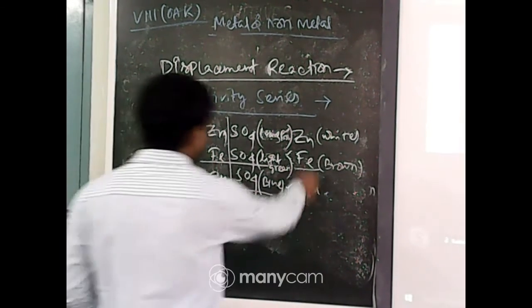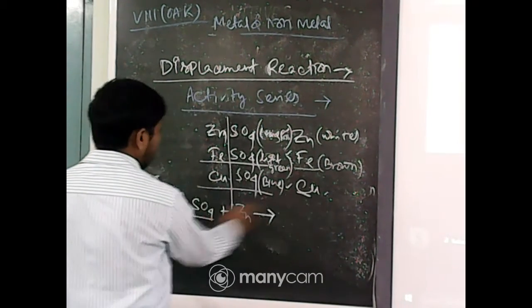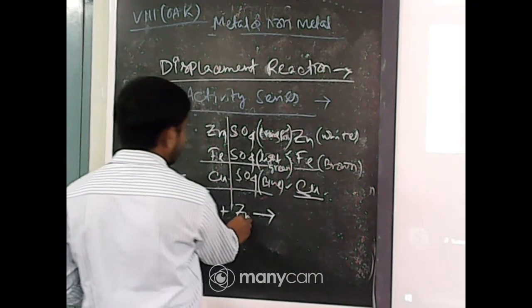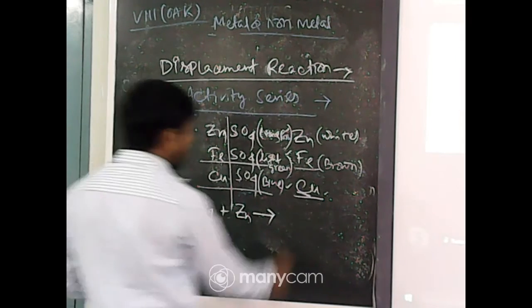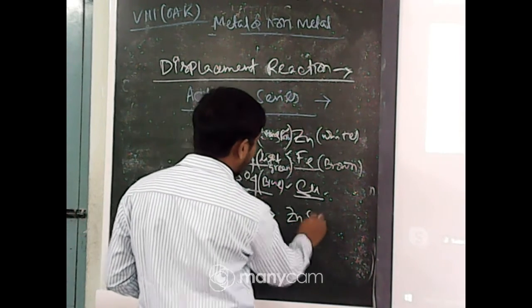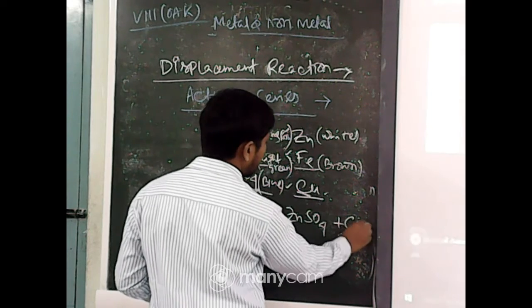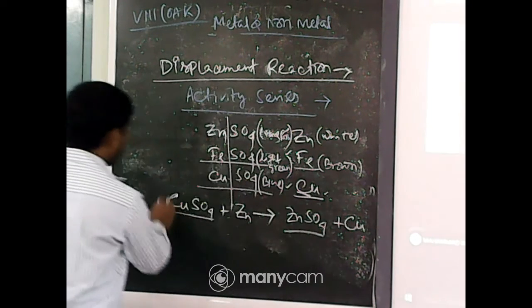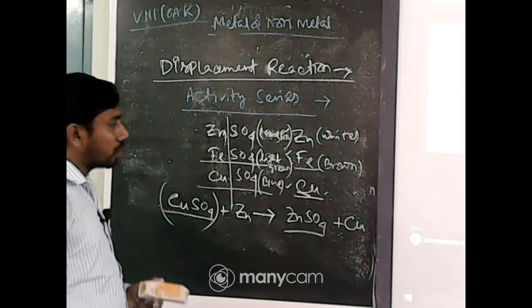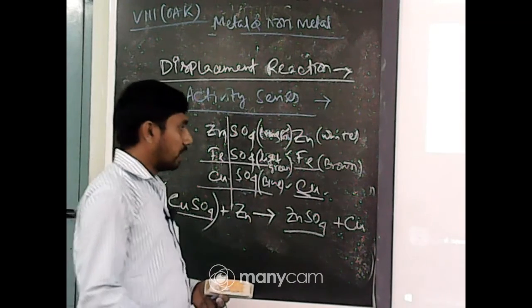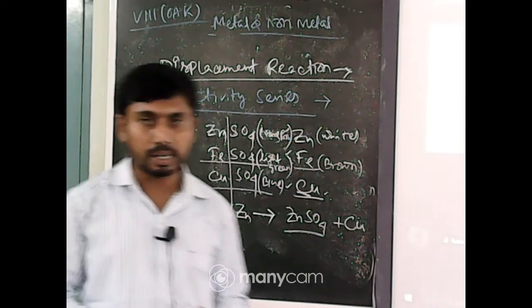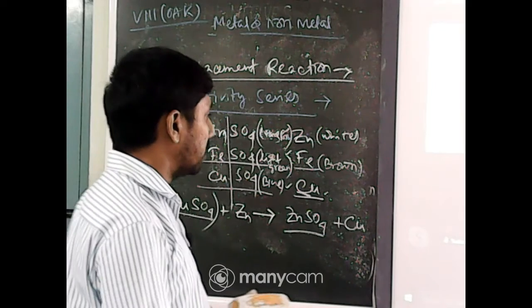Now follow the activity. Copper is less reactive, so zinc can displace copper. The answer will be zinc sulfate plus Cu. So the color of the copper sulfate solution will be discharged.